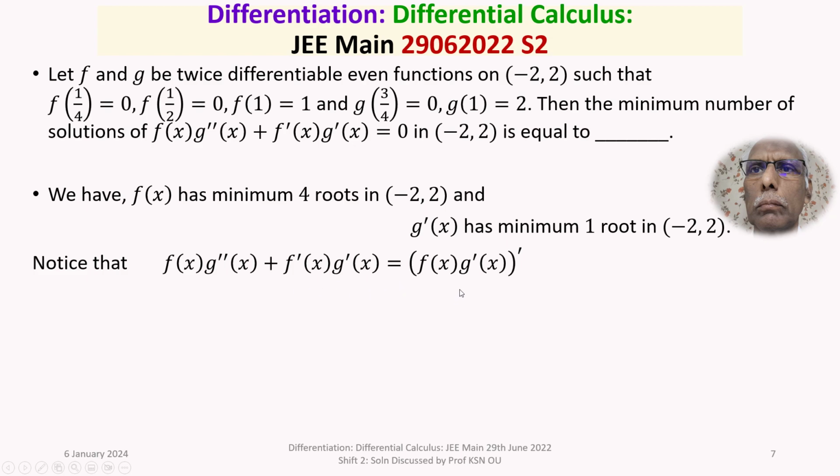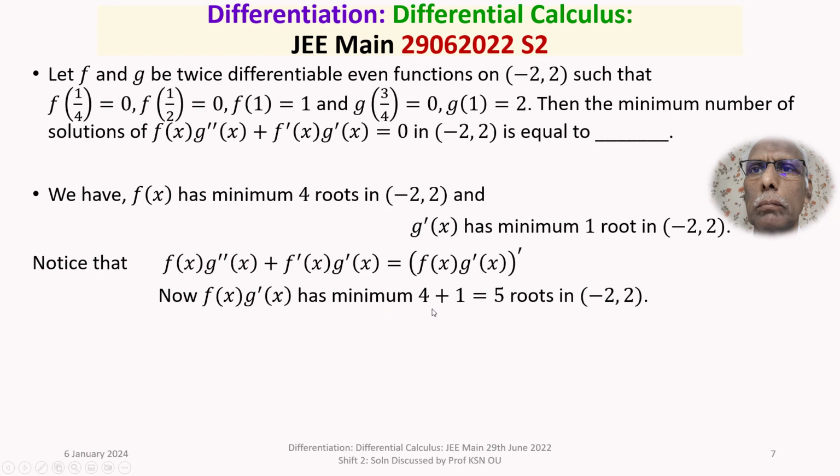Now we are required to find the minimum number of solutions of this equation. f of x has at least 4 roots, g prime x has at least 1 root. The product will have at least 4 plus 1, 5 roots in the interval minus 2 to 2.